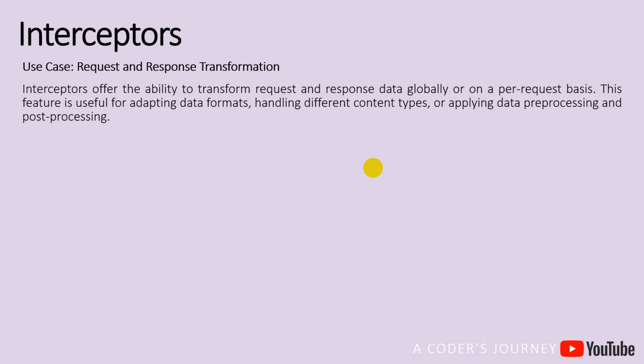So this feature is useful for adapting data formats, for handling different content types, and for applying some pre-processing to your data before the request is sent or after you receive the response. So this is the last use case I wanted to point out about interceptors.